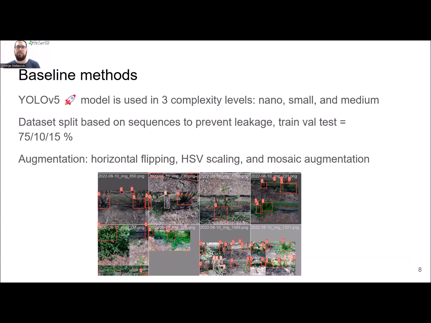Training, validation, and test splitting is done based on sequences to prevent data leakage, and the ratio of splitting was 75, 10, 15%. Regarding the augmentation, horizontal flipping was used, as well as HSV scaling and mosaicing. In the figures below, there are several examples of these augmentations.